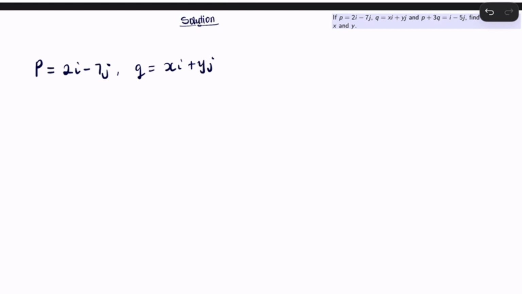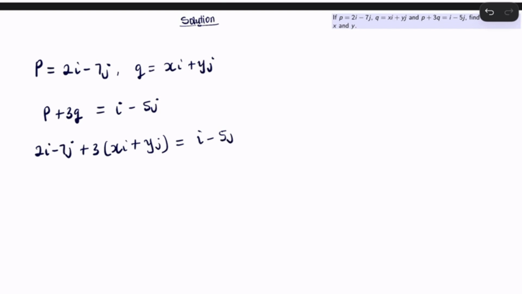And we are being told that P plus 3Q is equal to i minus 5j. So now let's compute P plus 3Q. So P is giving us 2i minus 7j, then plus 3 times Q. So that will be 3 times (xi plus yj), and this should be equal to i minus 5j.